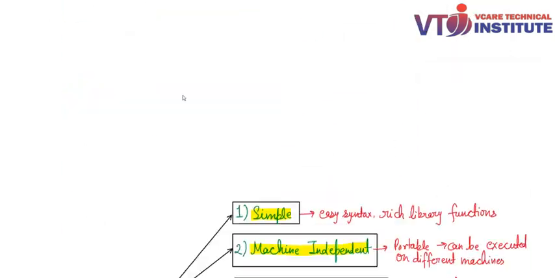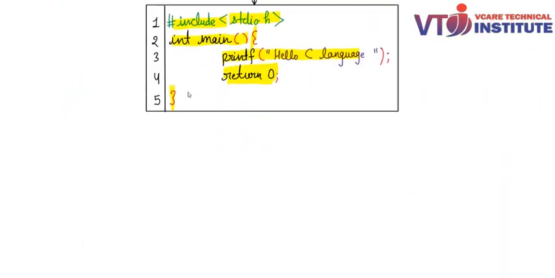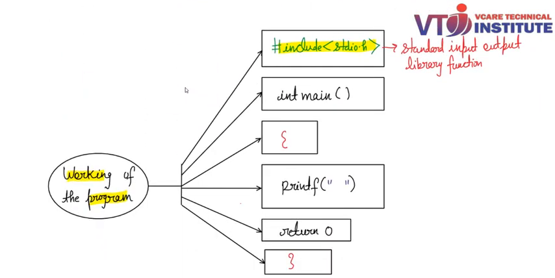So that's why we include standard input output library functions, which tell us that you have to take some input from the user, show output to the user, and perform some operations. So this is an inbuilt library used worldwide. Whenever you write code in the C programming language, you have to include that library. It's the standard input output library functions.